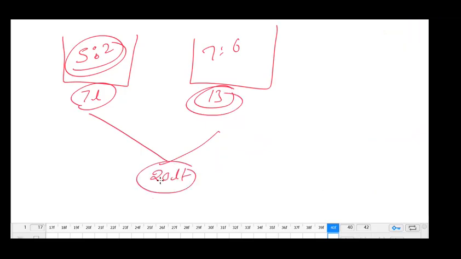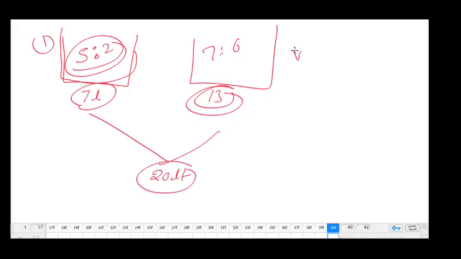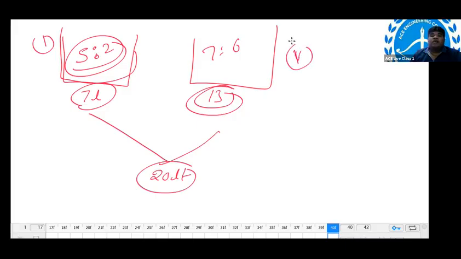Which means you are taking this vessel as only one vessel. You are mixing actually 1:1 vessels. Are you getting my point now, Girija? So 7 plus 13, 20 liters, means you are taking vessels in 1:1 ratio.